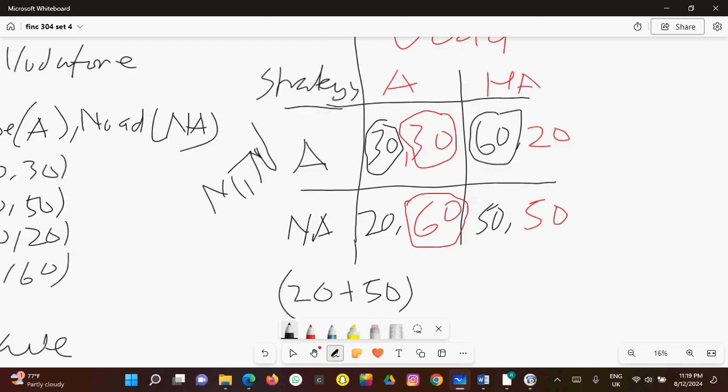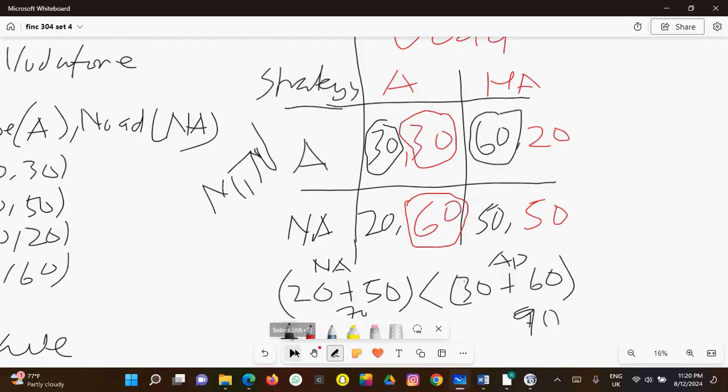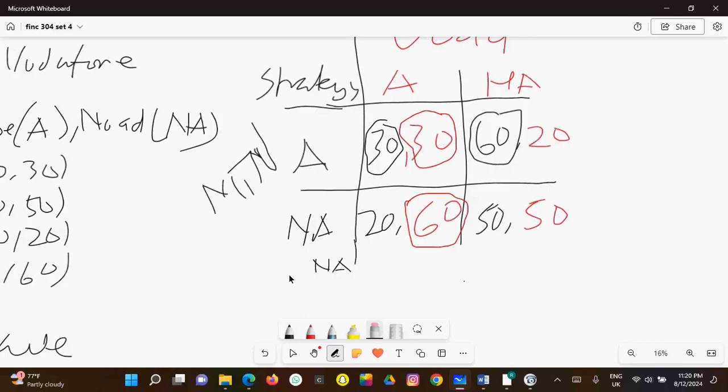Now if MTN chooses to advertise, it will be getting 30 for the first one and 60 for the second one. So when you compare, advertising is bigger than not advertising. There's more profit here, which is 90, and then 70 here. So the dominated strategy is not to advertise because that gives the lowest profit. So let's move on.